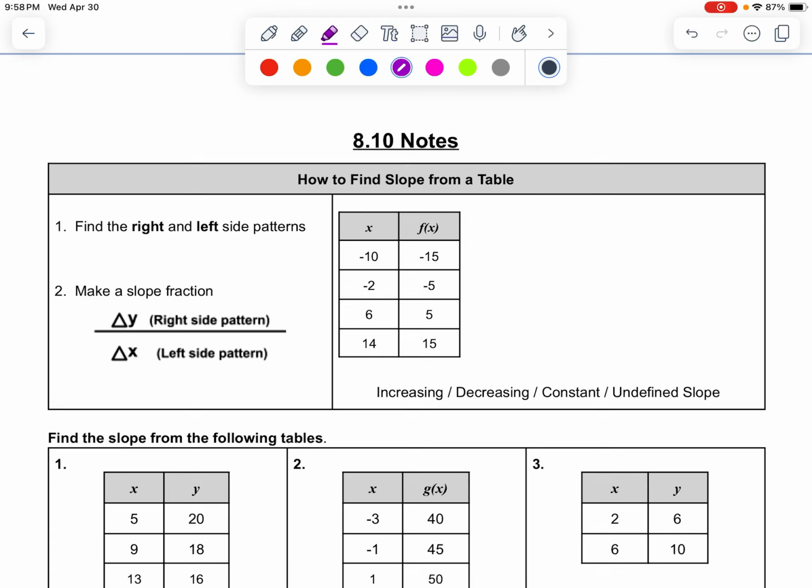Hi everybody, in this video I'm going to be going through the notes for lesson 8.10 and today's idea is how do we find slopes but from tables. So in a table there's going to be a left side and there's going to be a right side.